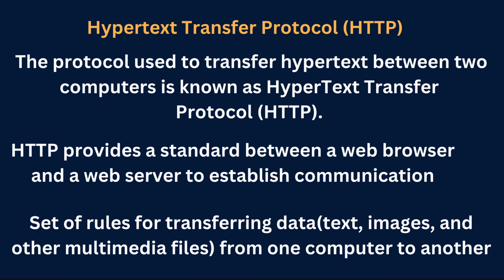A set of rules. What is the meaning of protocol? Rules and regulations. A set of rules for transferring data, text, images, and other multimedia files from one computer to another computer, right?